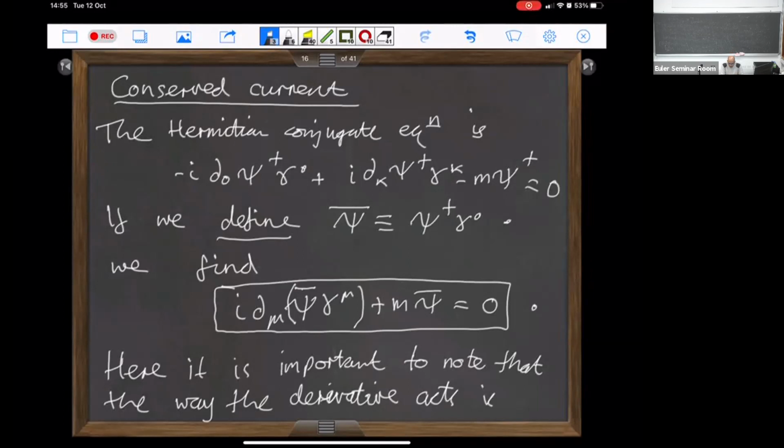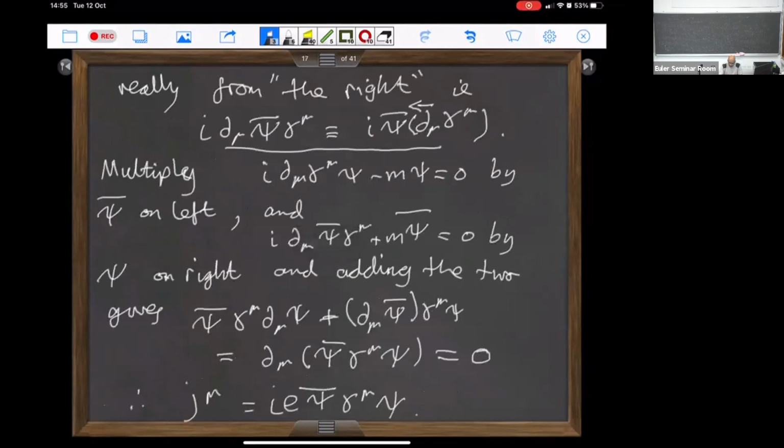Now, it's important to note that when you're writing this expression, the derivative acts really, in some sense, from the right, as an operator. So one will often see the conjugate equation written with this left arrow, meaning that the matrix operator acts to the left.